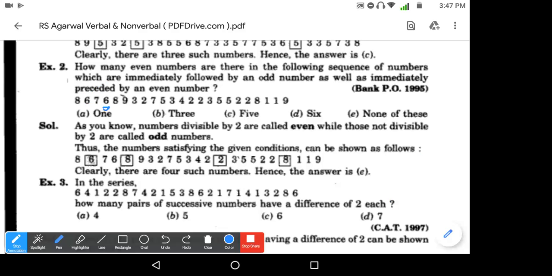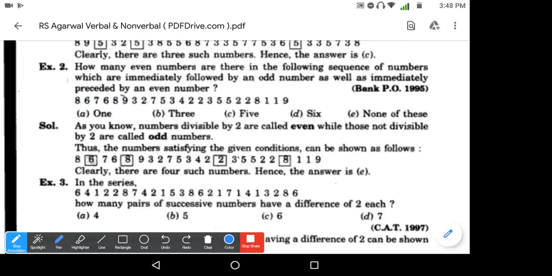In the next even number, again I have an even number, so not possible. If you take 8 here, it has an odd number, that is 9, and previously there is an even number which is 6. So even, odd. So I've got two numbers. Which ones? One was 6, one was 8. Two even numbers we have got.